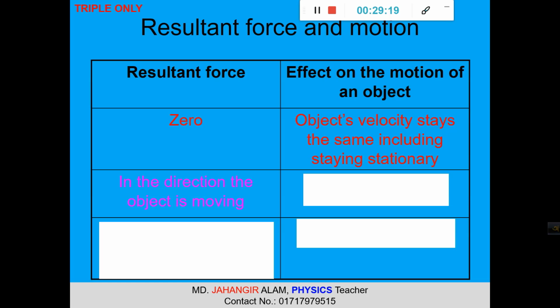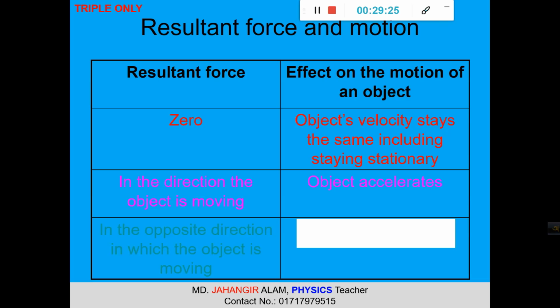If there is a resultant force in the direction the object is moving, the object accelerates. If the resultant force is in the opposite direction to the object's motion, then the object decelerates. Very important thing.